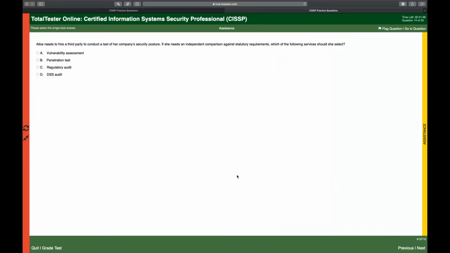Number 14. Alice needs to hire a third party to conduct a test of her company's security posture. If she needs an independent comparison against statutory requirements, which of the following services should she select? I'm going for Bravo.